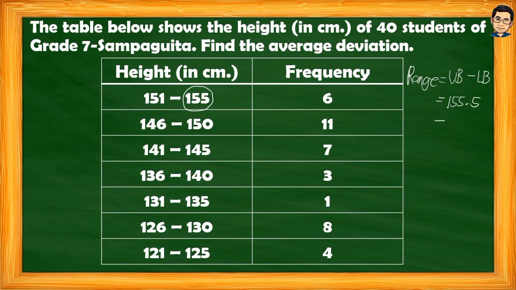And for the lower boundary, we subtract 0.5 from 121, and that becomes 120.5. Subtracting them, the answer is 35. That is how far apart the height is between the tallest and the shortest out of the 40 students. That is the range of grouped data.